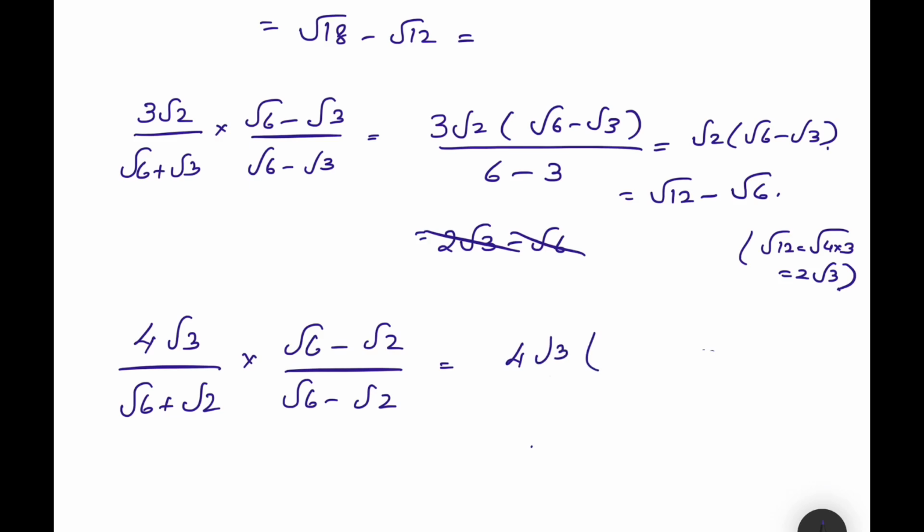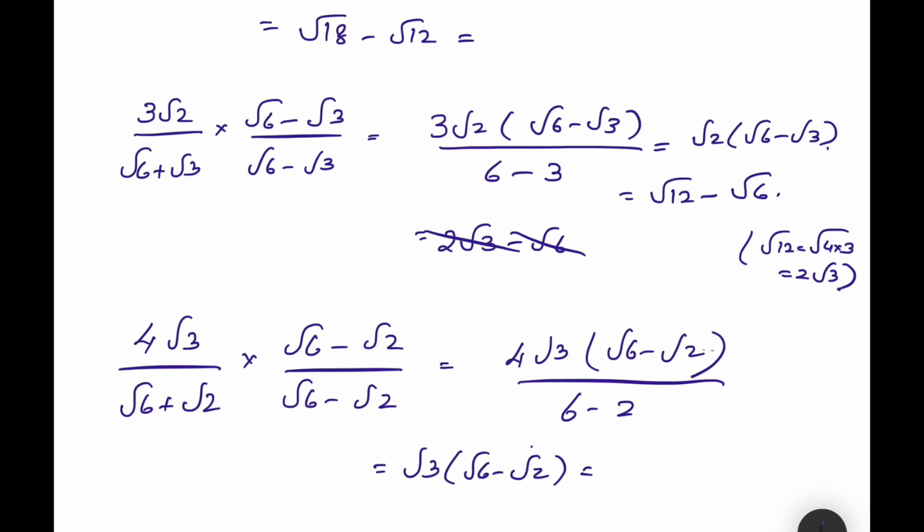Root 3 into root 6 minus root 2 by 6 minus 2. So that 4 and 4 will get cancelled and you will be left with root 3 into root 6 minus root 2, that is root 18 minus root 6.